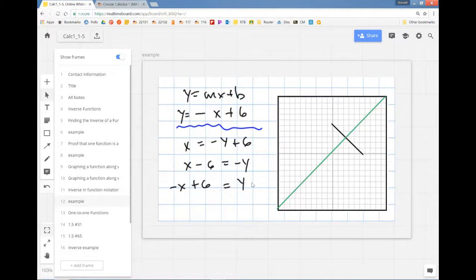So this one, what you get is the inverse is literally the same thing. So on this one, the inverse of the function is itself.